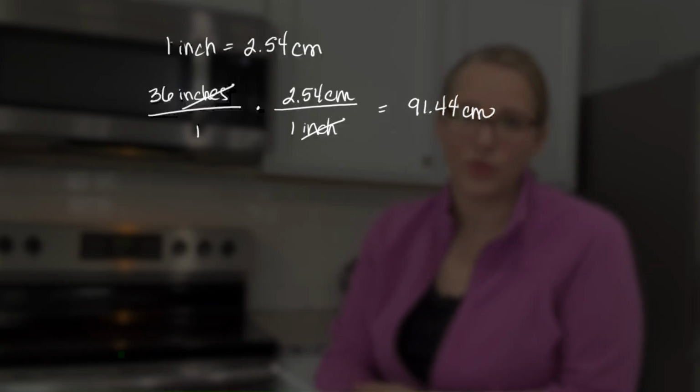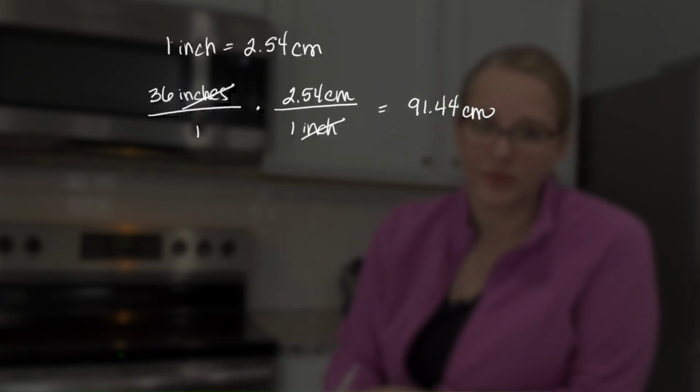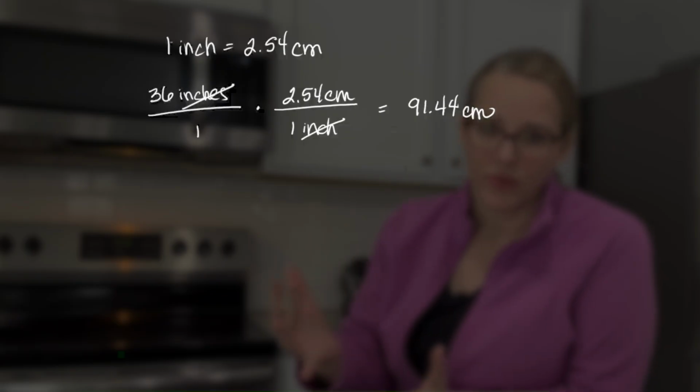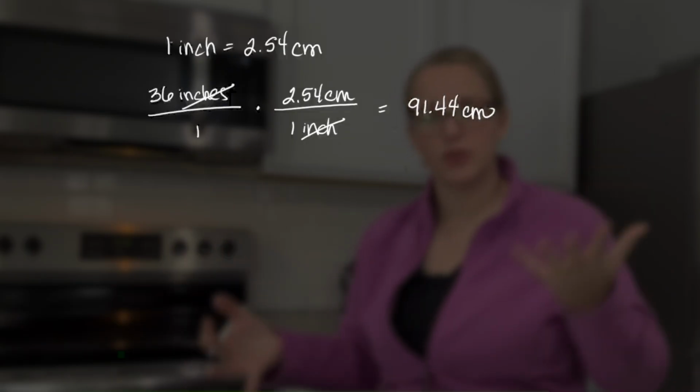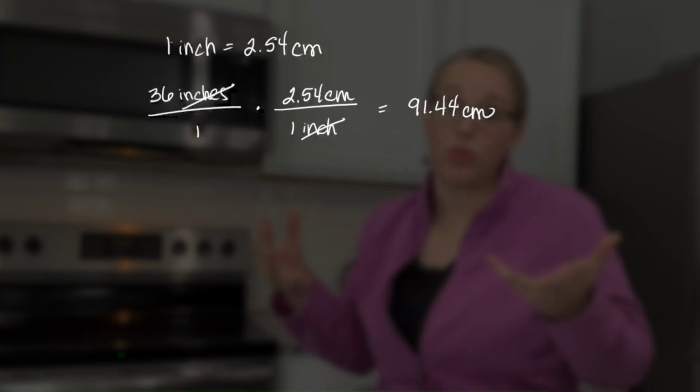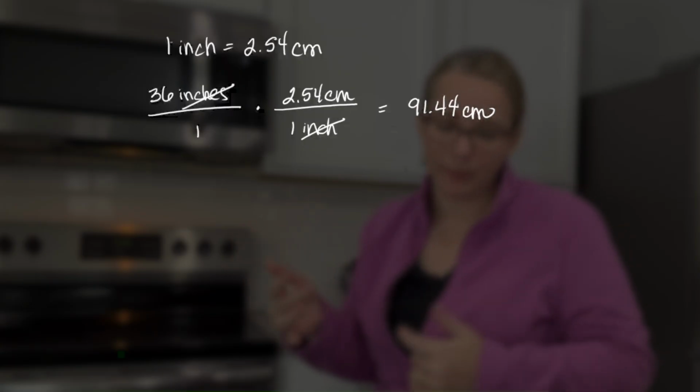So 91.44 centimeters. Okay, so like I said, you can convert within the same one. You can convert across different measurement systems as long as you know how they relate to each other, right?